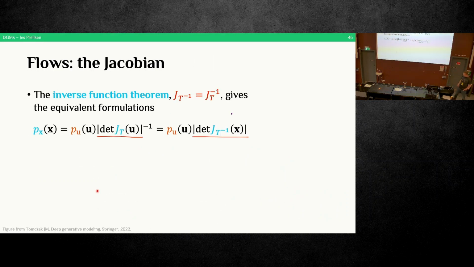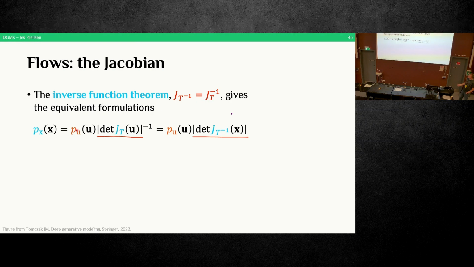Okay, let's look a bit more at the Jacobian. We have what's called the inverse function theorem that tells us that the Jacobian of the inverse transformation is equal to the inverse Jacobian of the transformation.